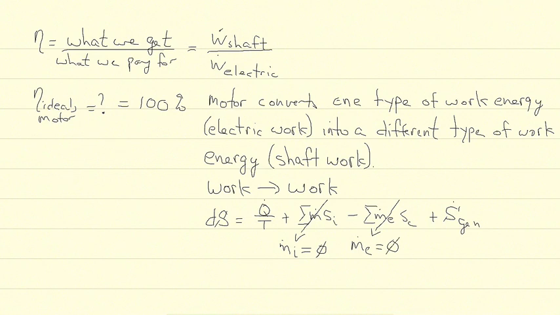If we say that our motor is ideal, that basically means two things. First of all, there are no heat losses, so this Q dot term is equal to 0. You may be wondering why there can't be a heat transfer for it to be ideal. Well, think about how that Q dot is generated. It's generated by friction in the bearings, by electric resistance in the windings, and by wind friction, aerodynamic windage losses as the motor spins.